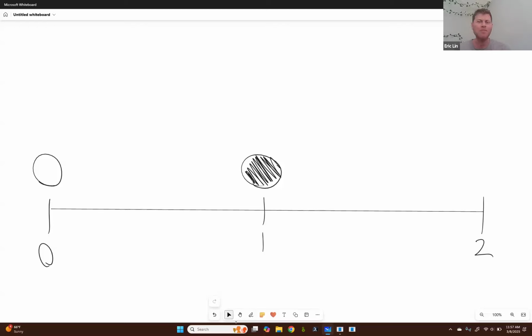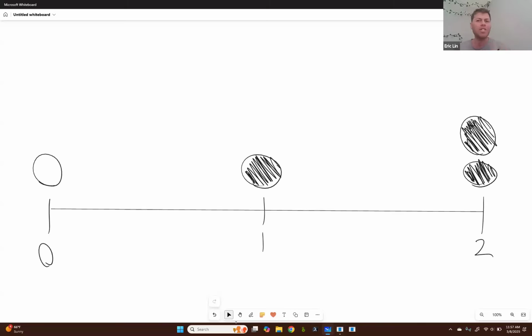You can pause if you want to think for a quick second on what you think the number 2 would look like. If you are ready, or if you don't want to guess, I am going to consider this to be 2 entire shaded circles. So I have 2 whole circles. That is the number 2.